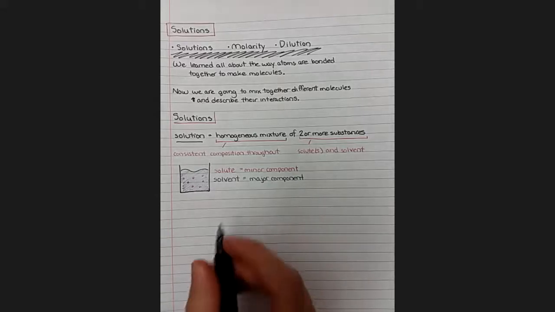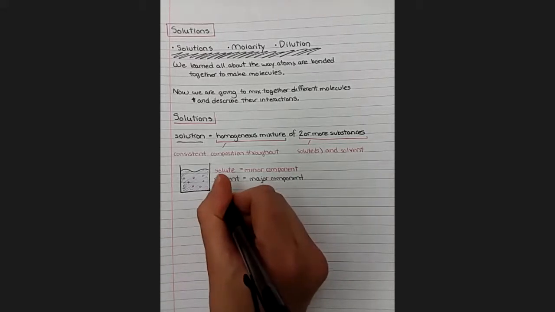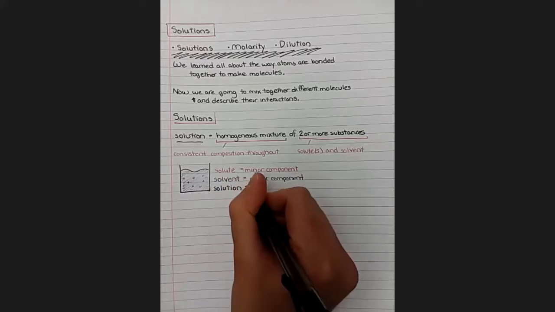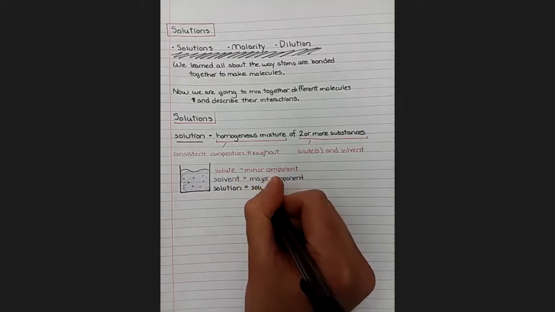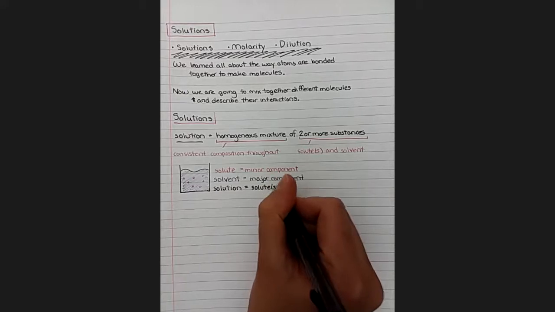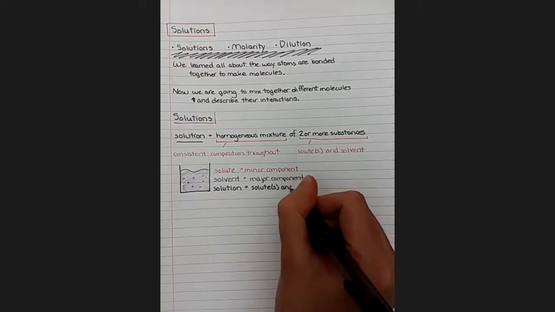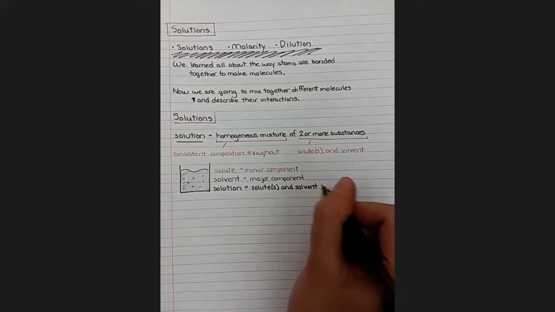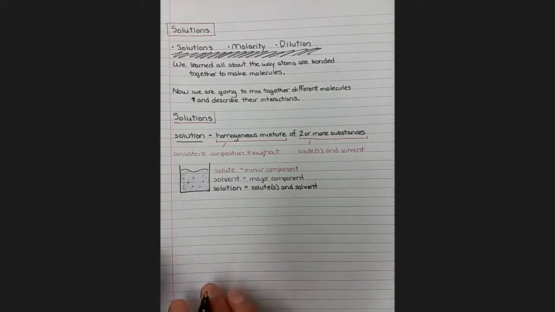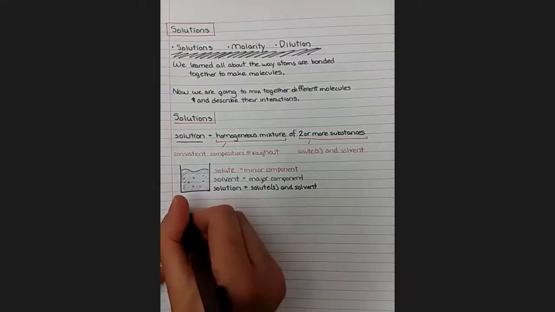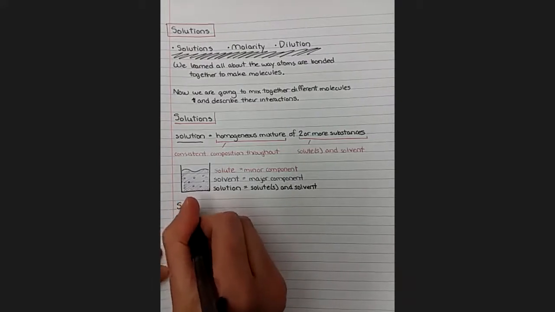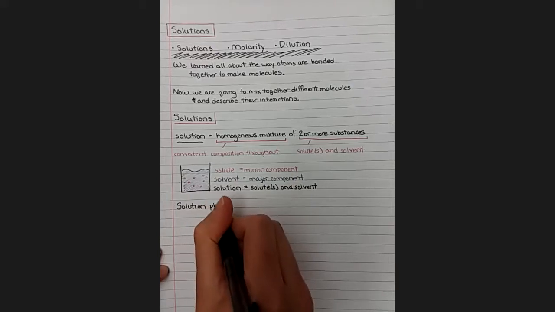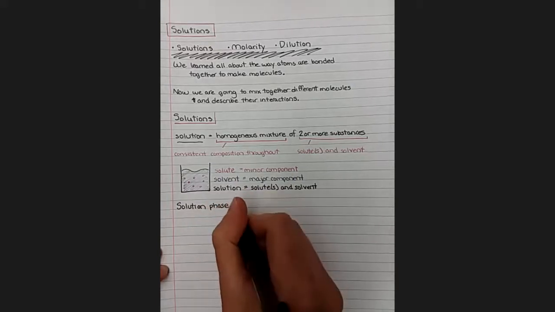And when you have those two pieces together, a mixture of one or more solutes and a solvent makes a solution. We will introduce more detail about solutions a little bit later, but one of the most relevant features of a solution is its phase, whether it is a solid, a liquid, or a gas.